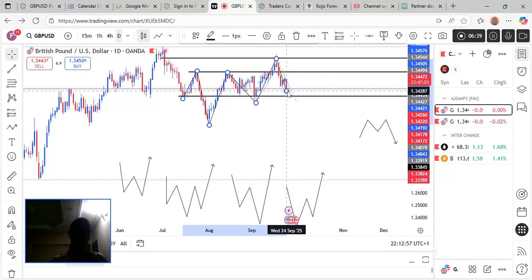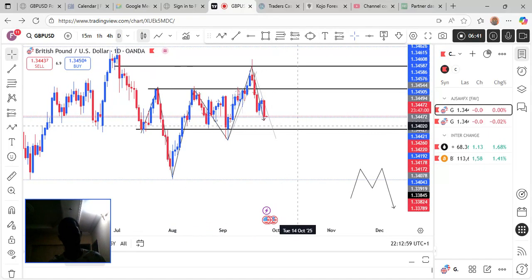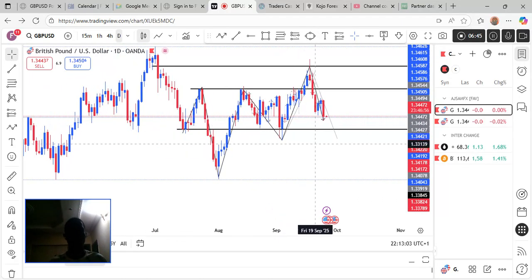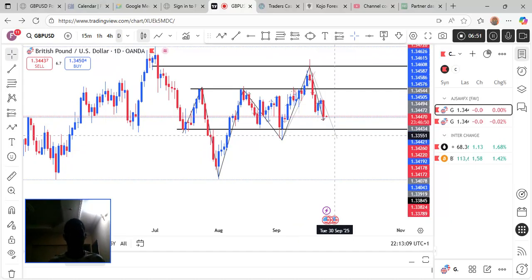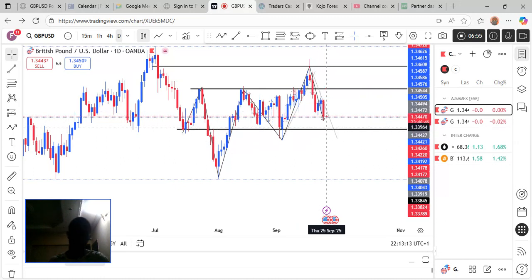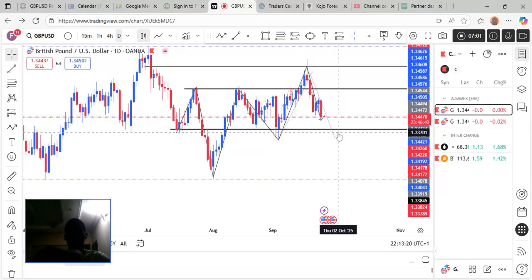So what am I looking out for? What I'm basically looking out for on the daily time frame, that's from the higher time frame perspective, is for market to at least come back into the zone before we can see another up push. Why am I saying that?